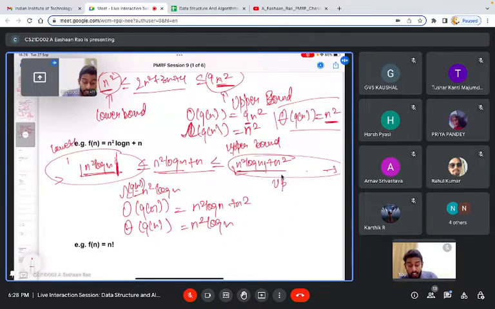And one more thing I have to tell you here is that n square log n is actually greater than n square. So we will mostly look at the term in a function which is actually the biggest in a particular equation. That's why we are assuming n square log n for theta.